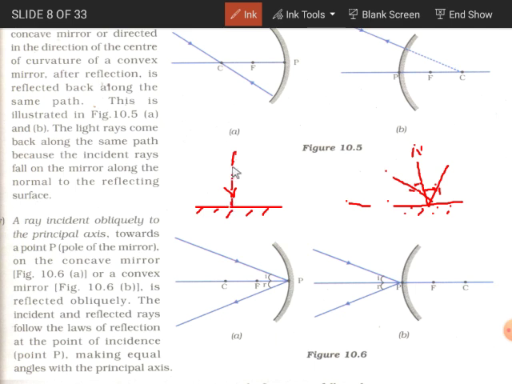Yes, the reflected ray will be along the same line but in the opposite direction. Got it? That is the case for this one.